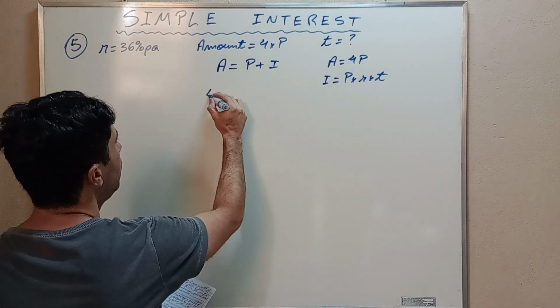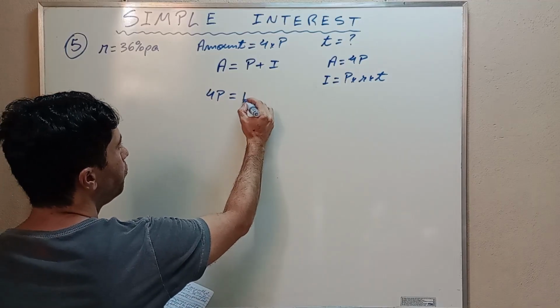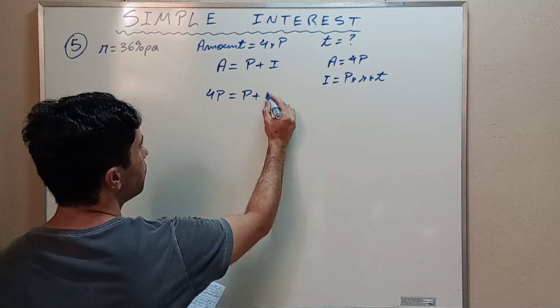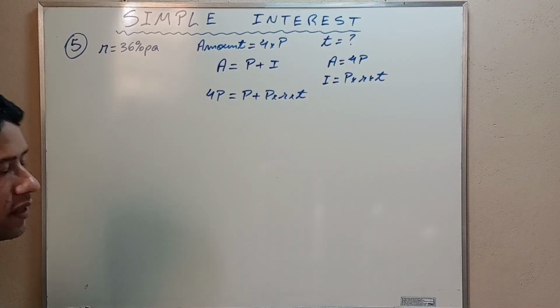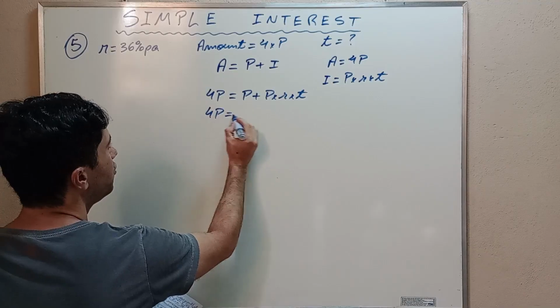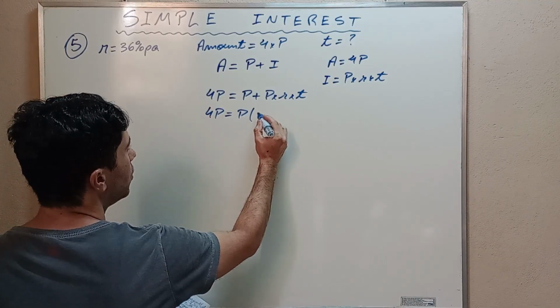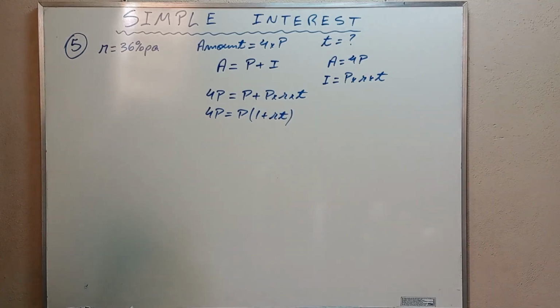So 4 times P is equal to P plus P times R times T, okay? And if we simplify this expression, we get that 4 times P is equal to P(1 + RT), okay? And we can simply use the values.